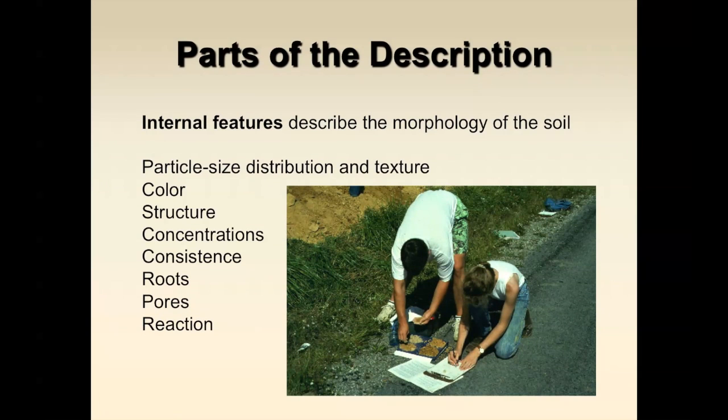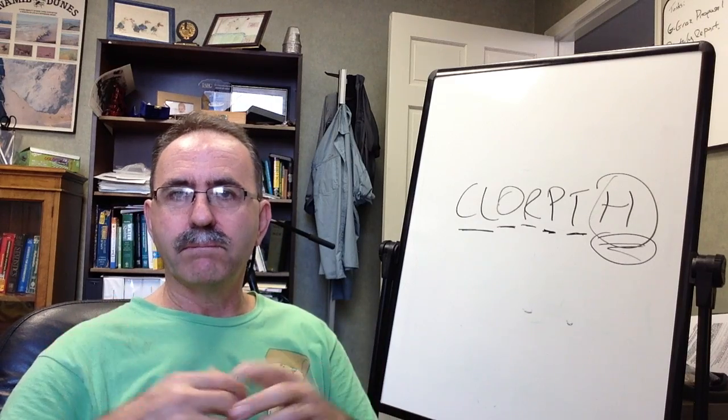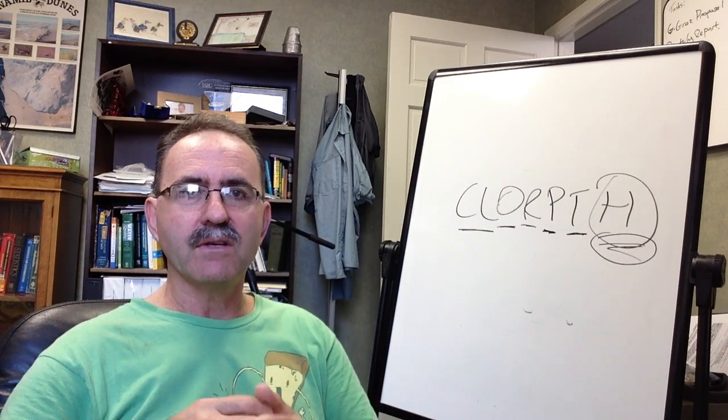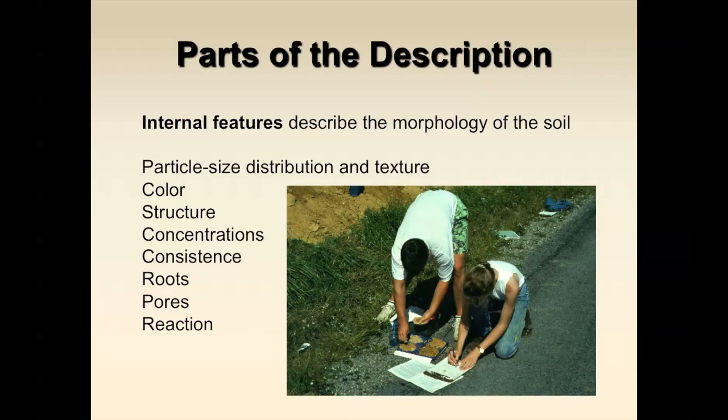And then once you start looking at the soil itself, you're looking at things like texture, color, structure, and concentrations of different parts of those. In terms of color, is there mottling, or is it uniform? What's the consistence? That consistence really relates back to color, structure and texture. Do you have roots?